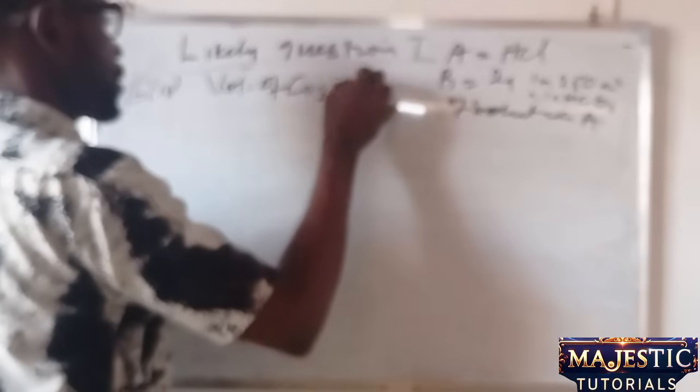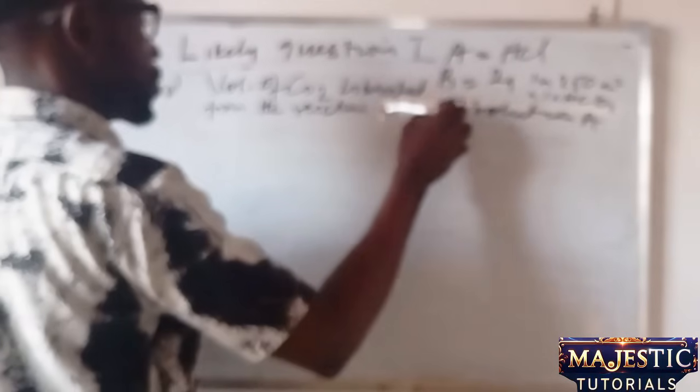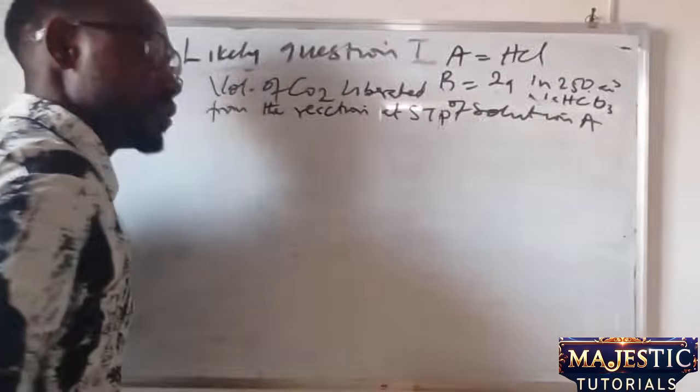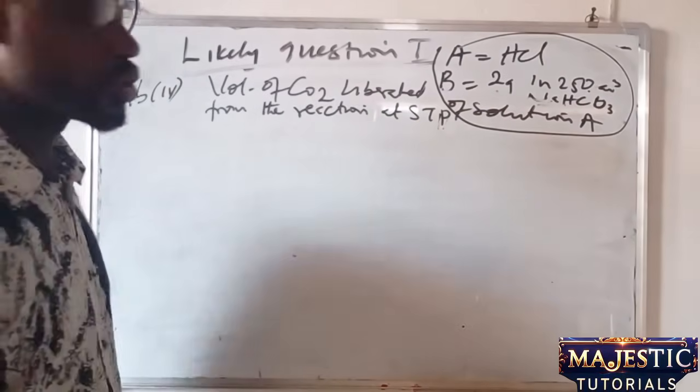We are looking for what? Volume of CO2 liberated from the reaction at what? We should know they gave us the volume occupied by a gas at STP is 22.4 dm3.